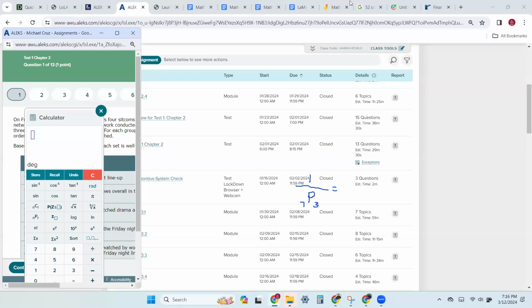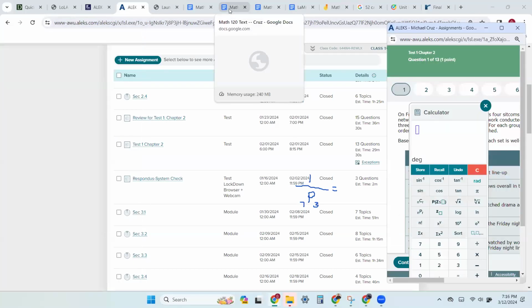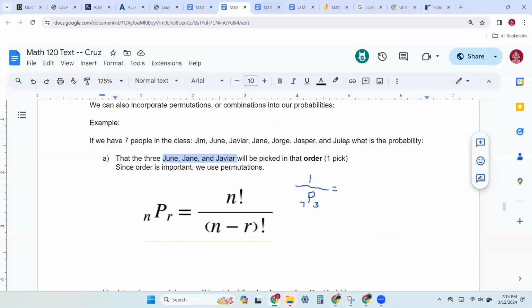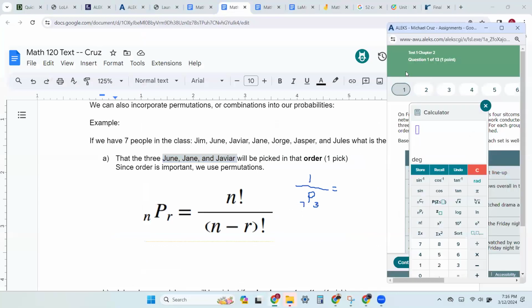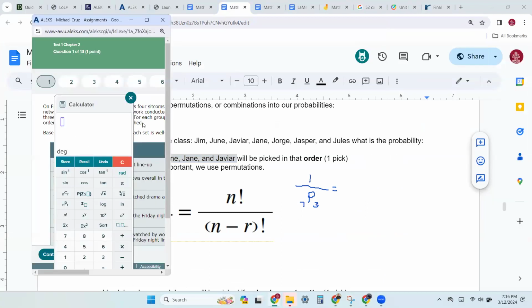All right. So let's go back to the notes here. And we're going to use our calculator and we're going to find 7P3. And so that's going to be 1/210.